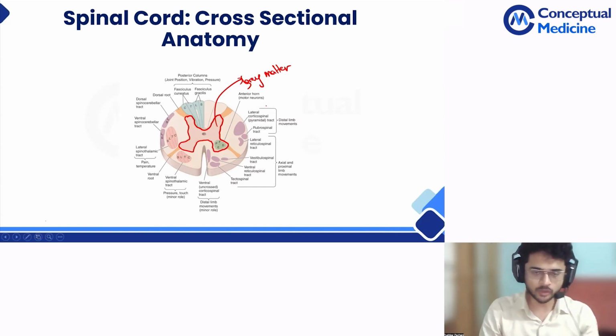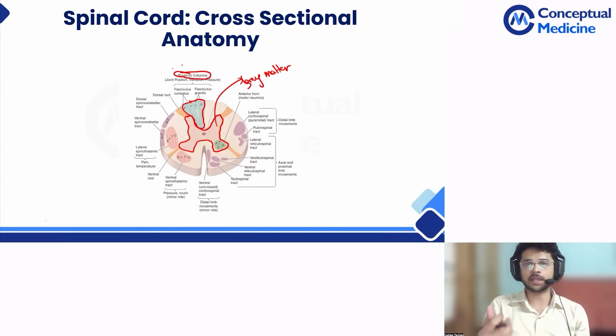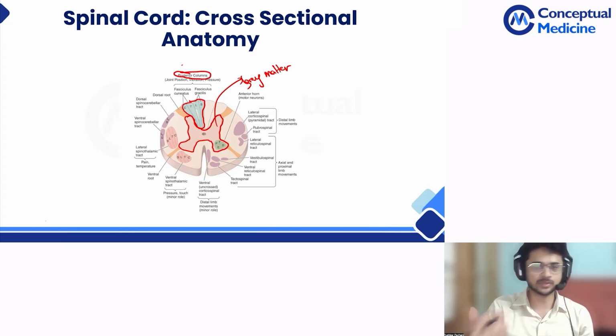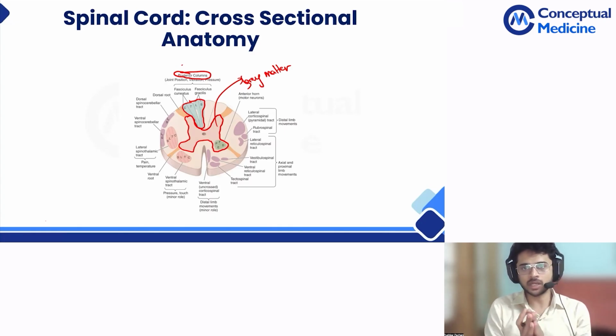So let's have a look at the distribution of the white matter pathways first. Over here, posteriorly, you have the area which is very fondly known as the posterior column. This posterior column is important for carrying joint position sense, proprioceptive information, pressure, as well as vibration. And this posterior column is split into two white tracts or fasciculi.